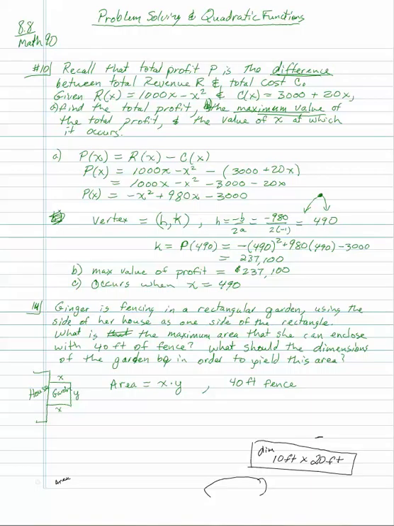The fence is going to be the sides that I have to put up. I'm going to have x plus y plus x is going to be 40. So that's 2x plus y equals 40. Now, to maximize the area, this is what we're going to maximize, and write it as a function of just x.